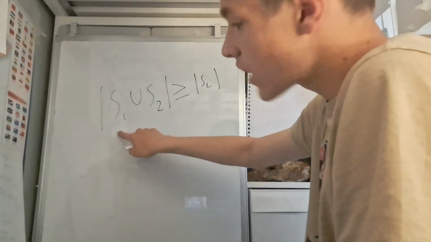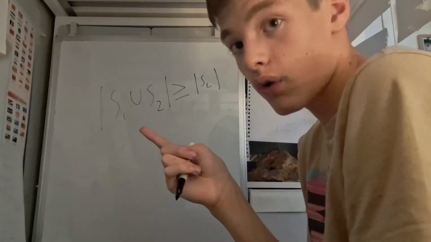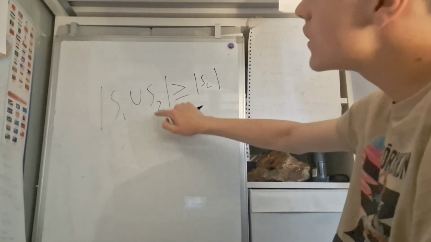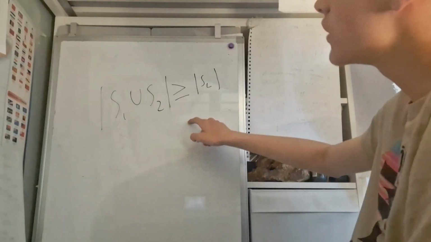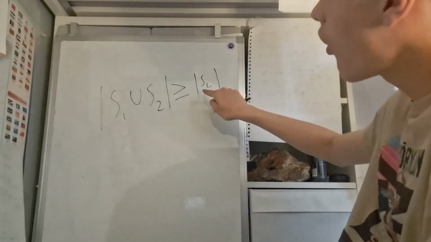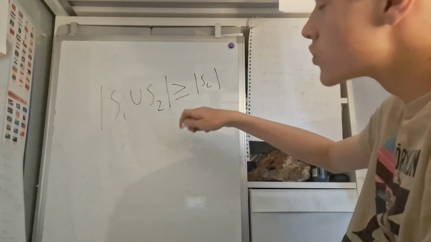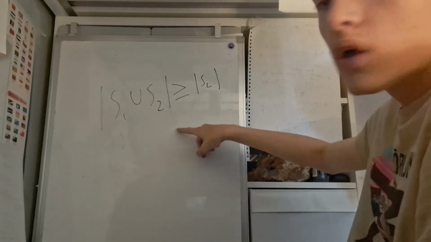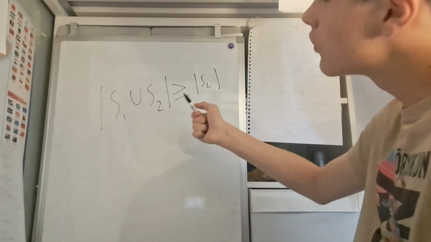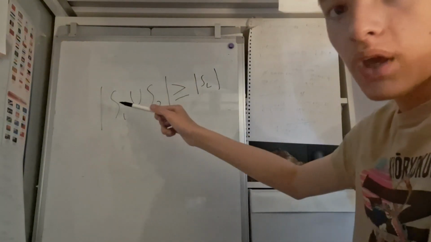Any arbitrary set, arbitrary is random, but just a better word for random, because technically nothing is random. Any set union with any other set, and you find its cardinality, must be greater or equal to the cardinality of the smallest set. So the smallest set out of the 2, its cardinality is the lower bound for what the cardinality of these 2 must be.